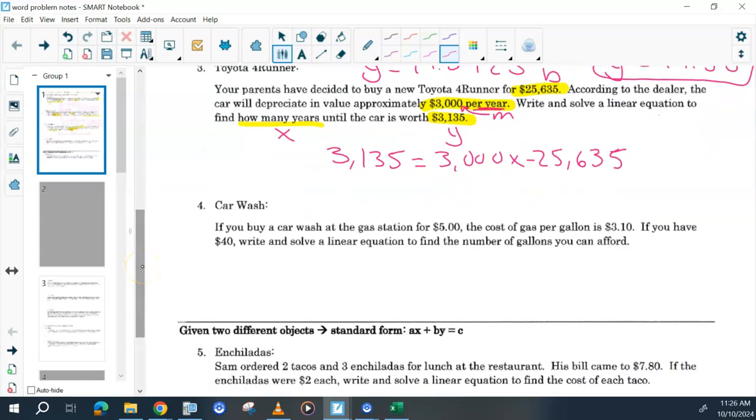So as we start to solve this, what would be our first step? Adding the 25,635. What would that be?